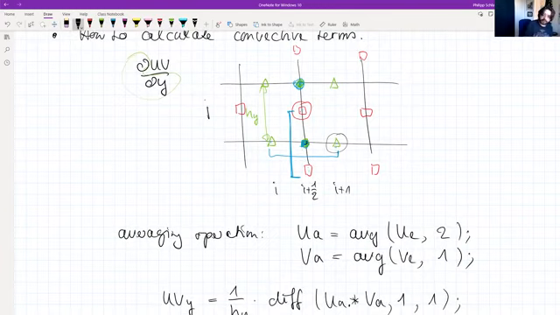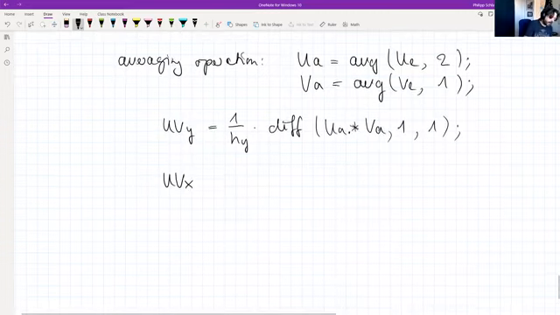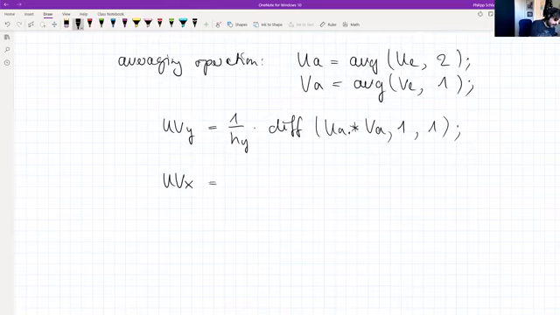So that means we actually need to get the derivative between this corner point and this corner point. Right? So otherwise, it's the same idea. I do an average of u in the vertical direction, an average of v in the streamwise direction. Now I just take the derivative in the x direction. So that would, for instance, be 1 over hx times diff of ua times va.